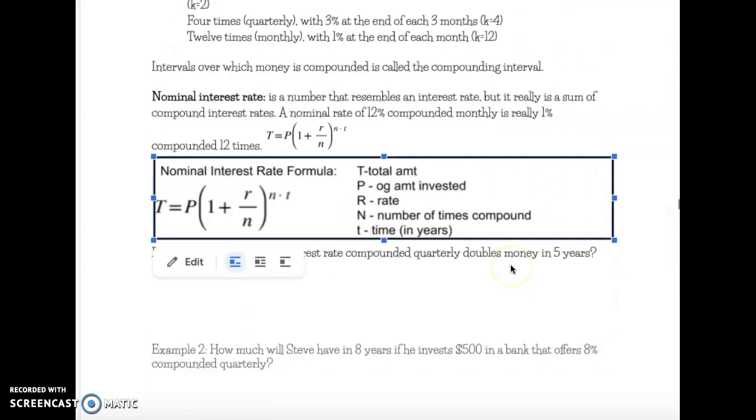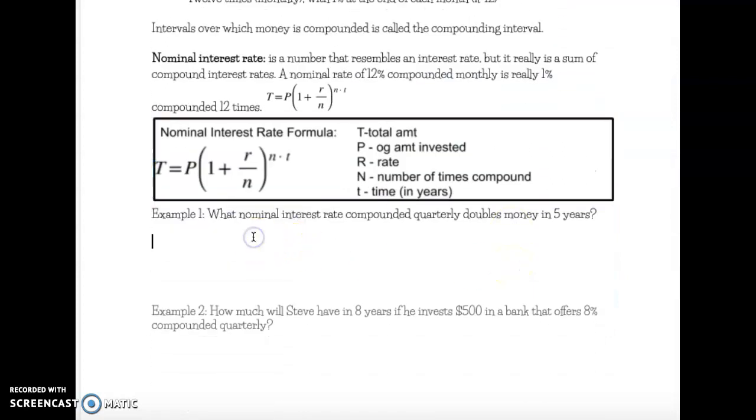So let's see what this looks like. What nominal interest rate compounded quarterly doubles money in 5 years? Wow, what a lot of information. So this says, what rate do we need if we're compounding quarterly?